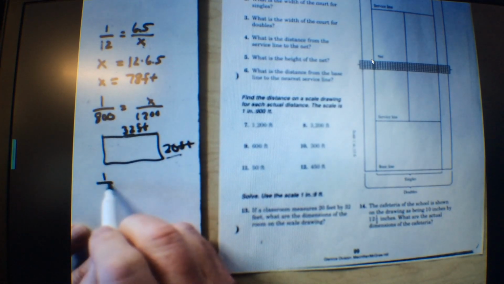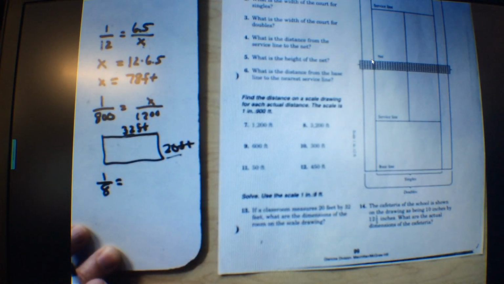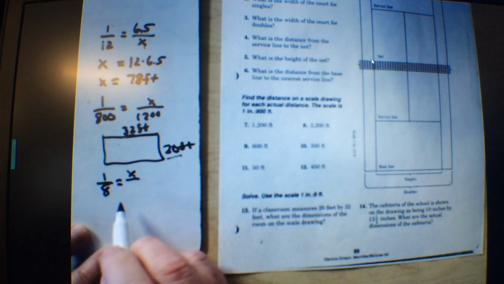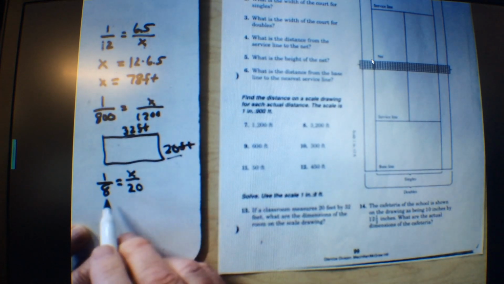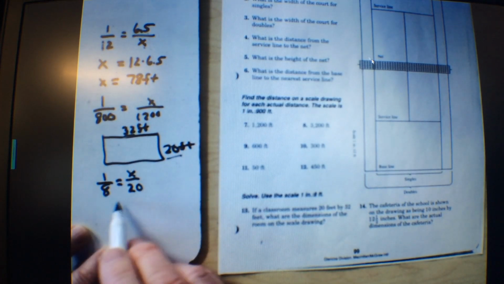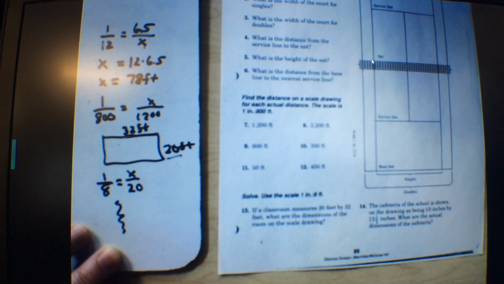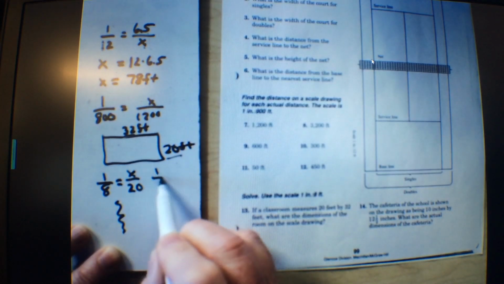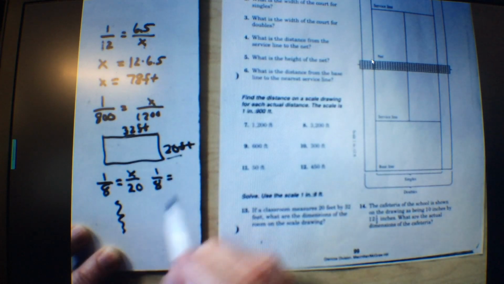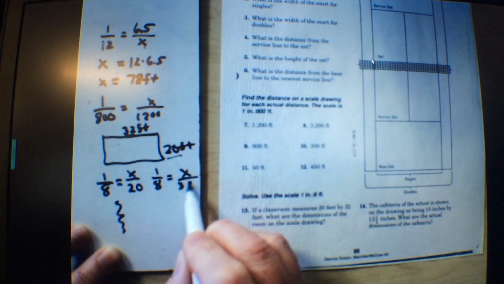So we go 1/8 equals x over 20. That would be my first one, and I would do that work, correct? And then what's my second one? It'd be 1/8 equals x over 32, and then I would do that work.